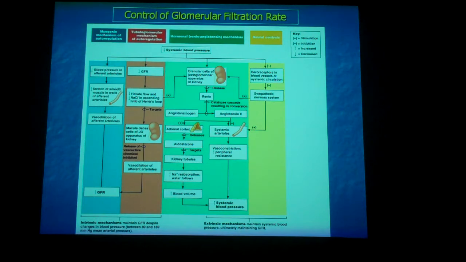So the first mechanism is myogenic. When blood pressure drops in afferent arterioles, the vessels leading into the kidney dilate. And when you dilate a vessel, you increase the flow, don't you? You increase the flow, you increase the pressure.